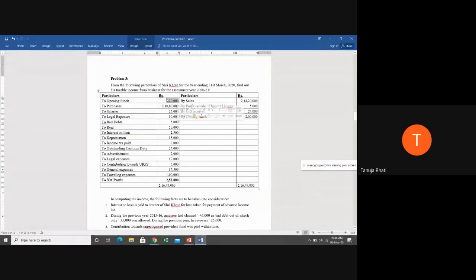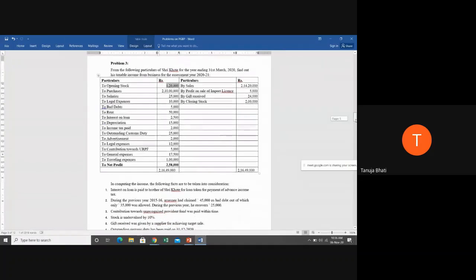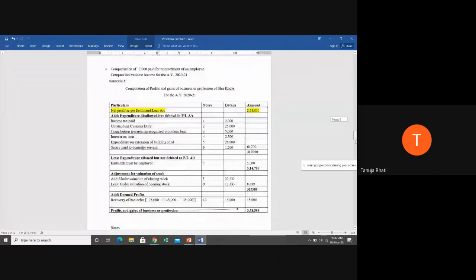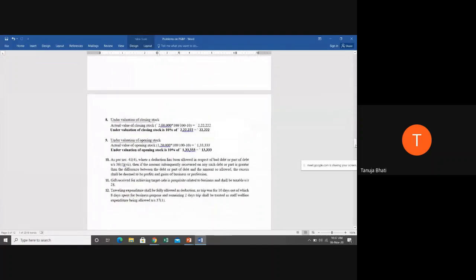So how to give adjustment to opening stock is, first we need to find out the actual value of opening stock. Then we need to calculate 10% of the actual value. That will be the undervalued amount. And then we need to give adjustment to it. So let us see first the undervaluation of opening stock.